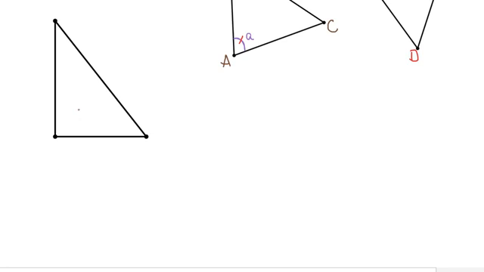The number 5 test will only apply when we have a right triangle. So I am going to declare that this is a right triangle. What we can find is that we have the hypotenuse leg or side.